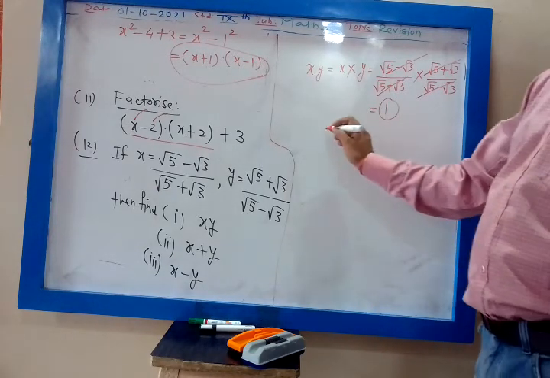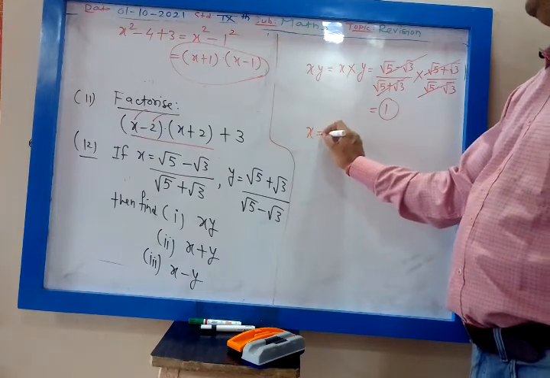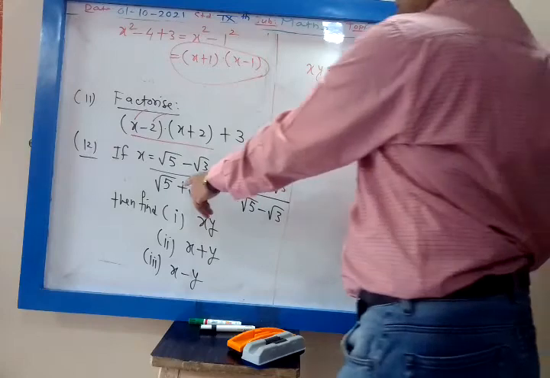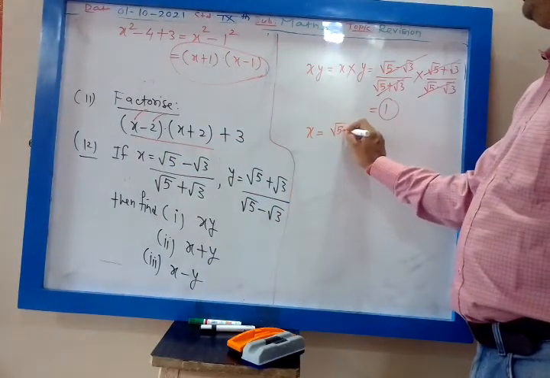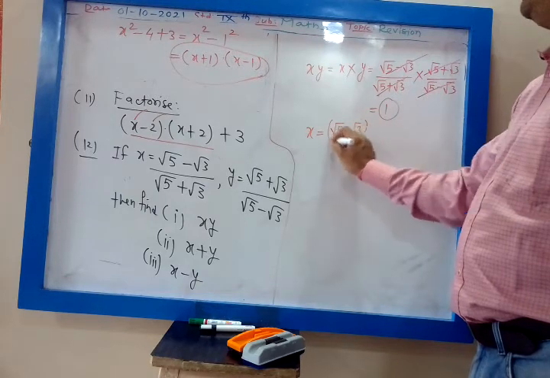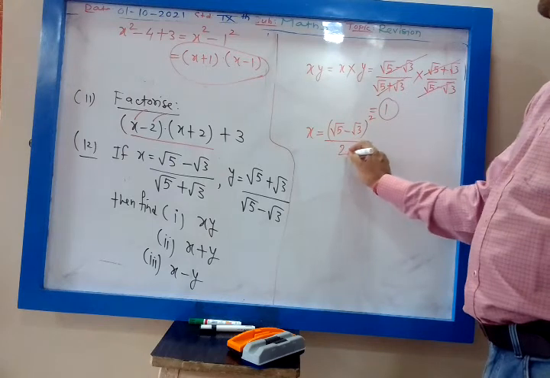Okay, see this. Now to find x plus y, I have to rationalize the denominator of x. So rationalize with root 5 minus root 3. So that will be root 5 minus root 3 into root 5 minus root 3, root 5 minus root 3 square upon 5 minus 3, that is 2.